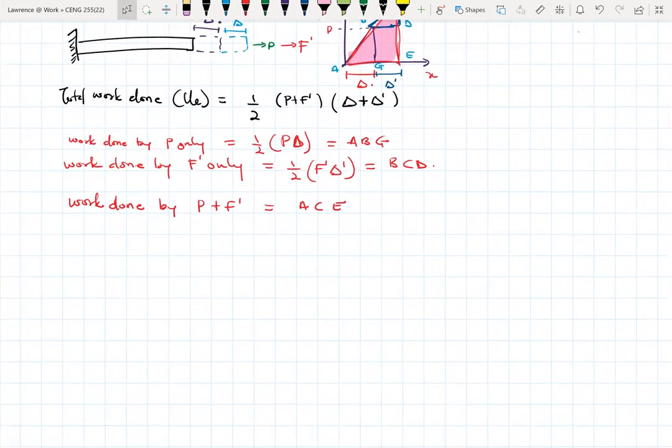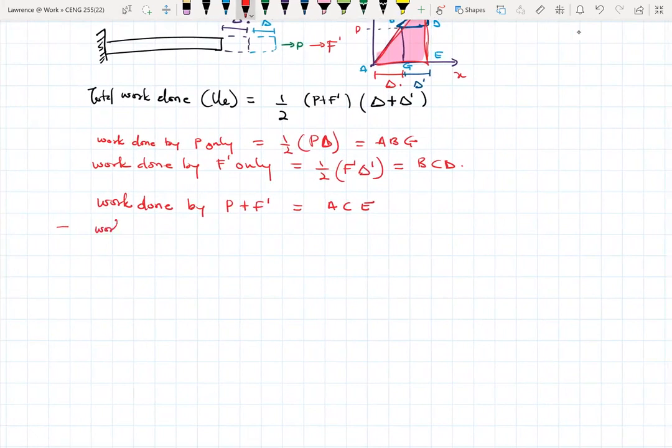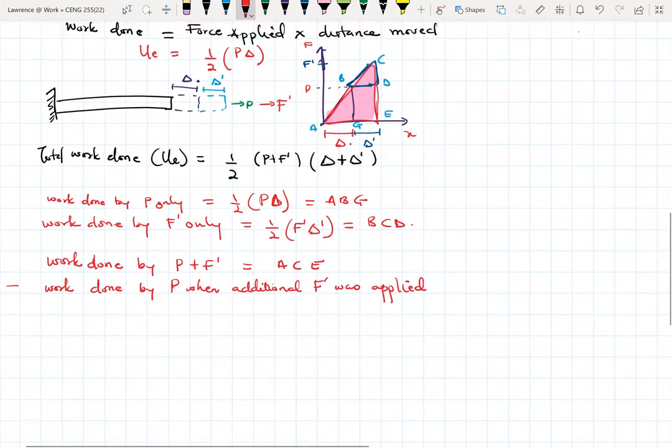But there's also a third part: the work done by P when the additional load F prime was applied will be this region right here.